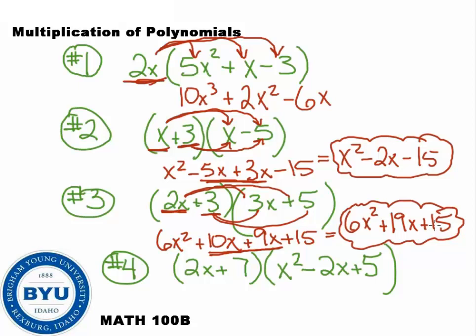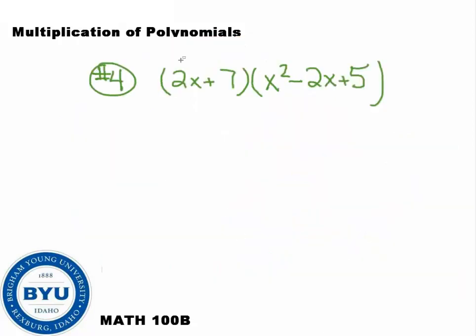Okay. So again, this is just superdistribution. You're taking one of the values in one side of the parentheses and multiplying it into every value inside the other parenthesis. That's what I'm going to do here as well. Although I'm out of room, so I'm going to go ahead and change this just a little. Okay, I cleaned it up just a little here, and we're ready to get going. So again, I'm going to superdistribute the 2x. I'm going to start with the 2x first.